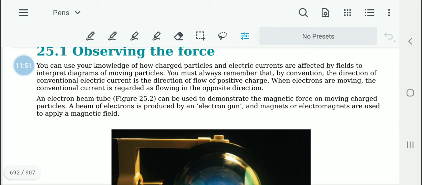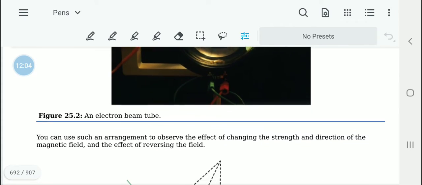Put a star and write down: the conventional current can be regarded as the opposite direction of flow of electrons.